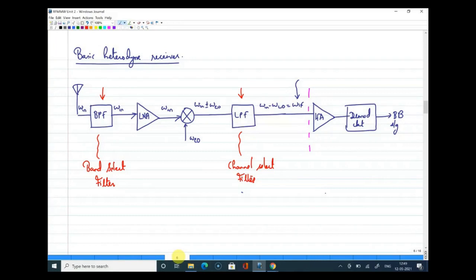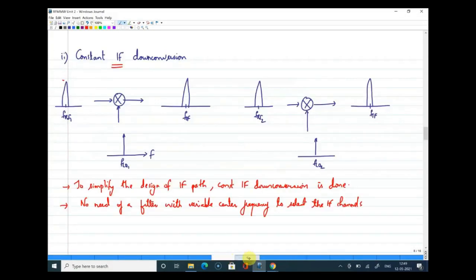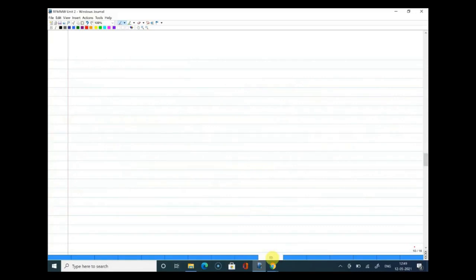So keep in mind that you have a similar structure with you, where you have a band pass filter and a low pass filter. So we start with the problem of image in heterodyne receivers.